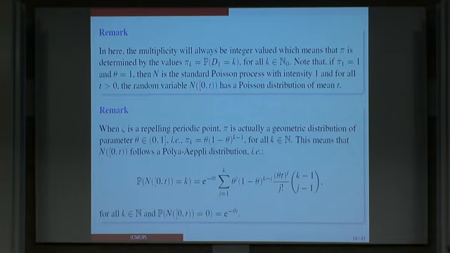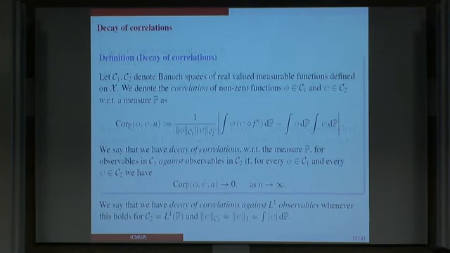The other case is when the probability of having multiplicity k, where k is an integer, is given by this geometric distribution function. In that case, if you want to know the probability that N counts equals k, where this counts the occurrences weighted by these multiplicities, then you get what's called the Pólya-Aeppli distribution. So these are the two limits that I'm going to talk about, that are going to appear in a moment.